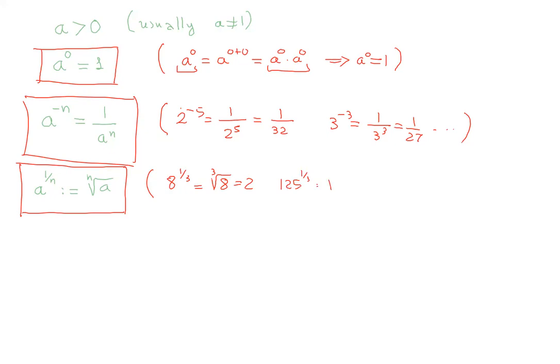That would be the cube root of 125. Think about it. What number has third power 125? The answer is 5. Or I could tell you what 64 to the 1/6 is. So that would be the 6th root of 64. What number do you need to raise to the 6th power in order to get 64? And the answer is 2.